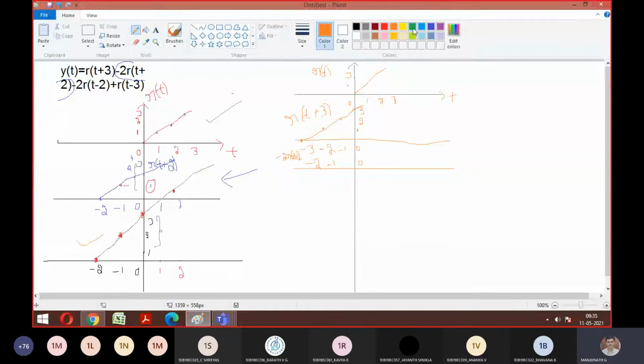So for minus 1, what was the amplitude? Was it 2? Yeah, I think it's 2. For minus 1, 2. Yes, sir, because 0, 2, 4, 6. Yeah, so for minus 1, I should mark at this point.